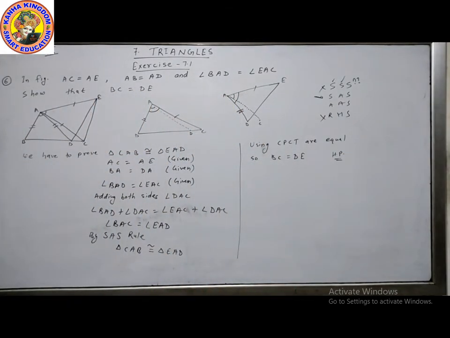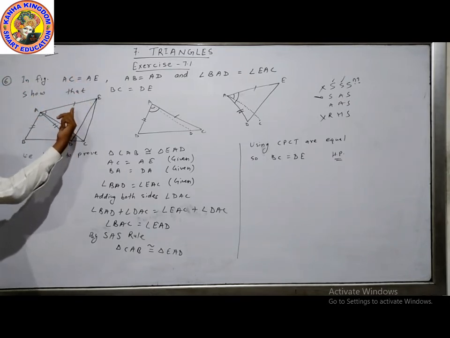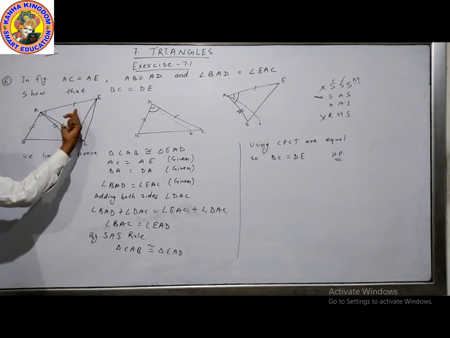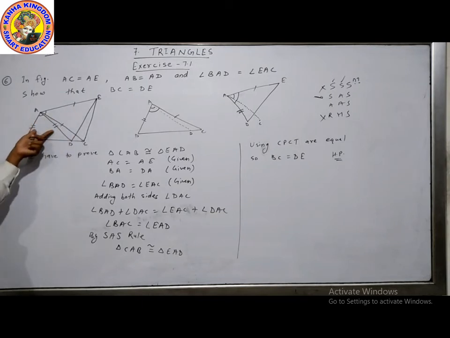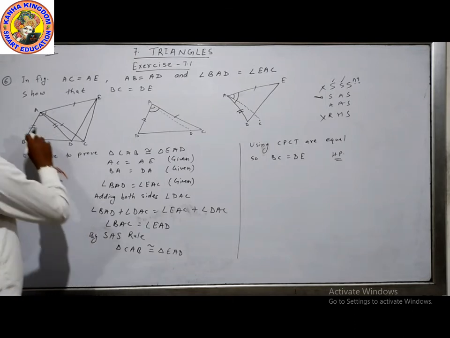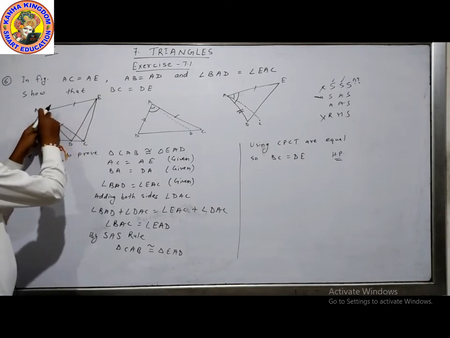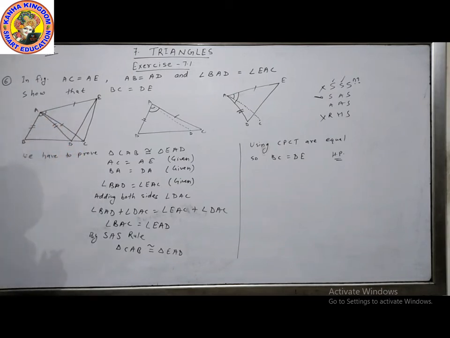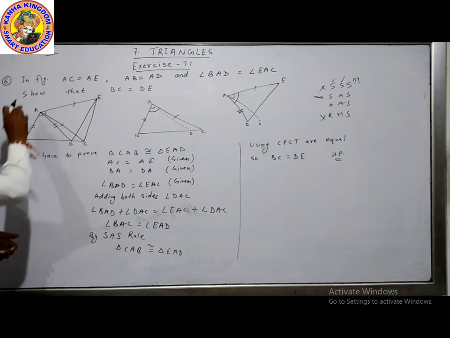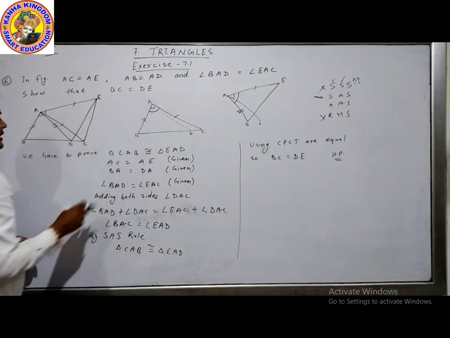So beginning from this question, in this diagram, AC and AE are equal, AB and AD are equal, and angle BAD, this one, and angle EAC, this one, are equal, given in our question. What to prove? That BC and DE are equal.